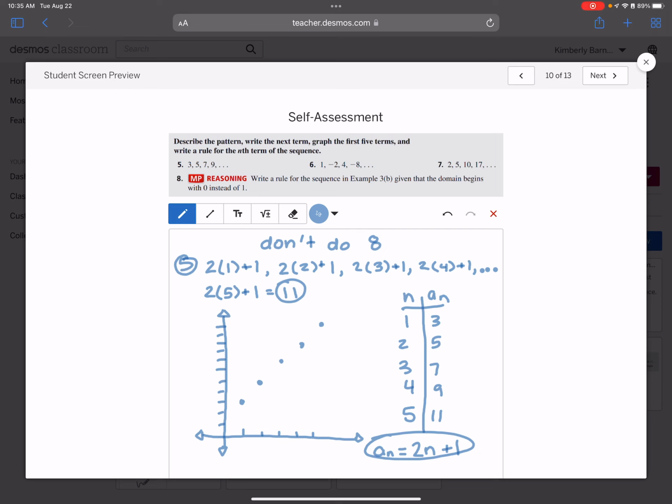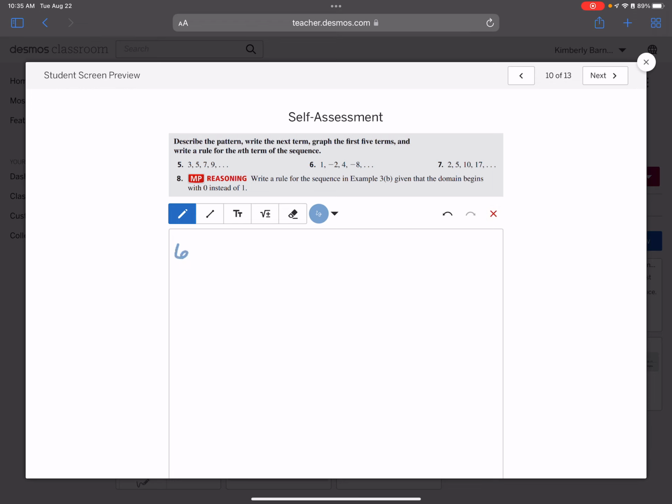All right. Number 6. You should have noticed that it's like you're taking -2 to the power of the position minus 1. So -2 to the 1 minus 1, -2 to the 2 minus 1, and so on.